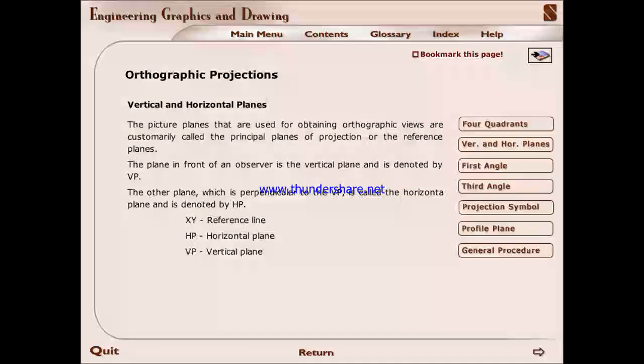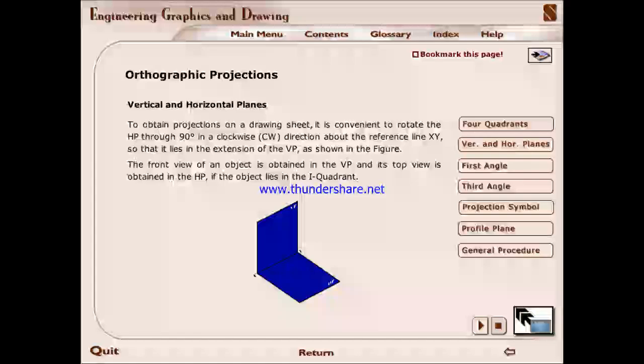Now in this, the explanation of vertical and horizontal planes. To obtain projections on the drawing sheet, it is convenient to rotate the HP through 90 degrees in the clockwise direction about the reference line XY so that it lies in extension of VP, as shown in the figure. The front view of the object is obtained in the VP. Its top view is obtained in the HP.